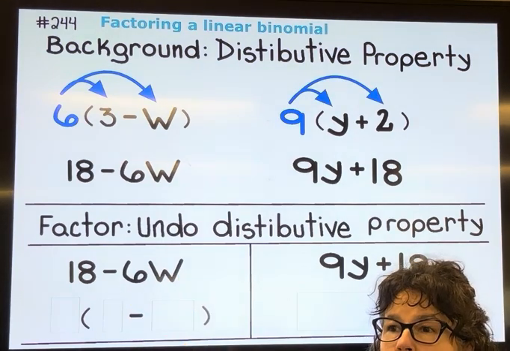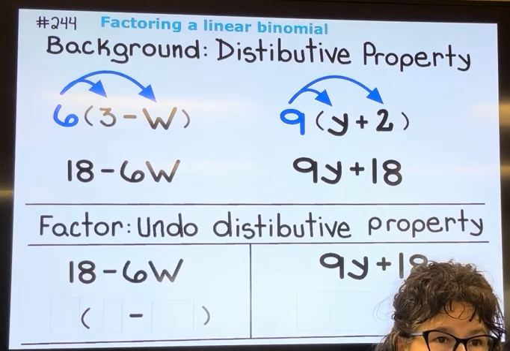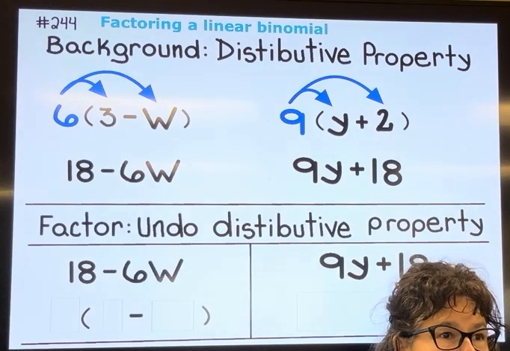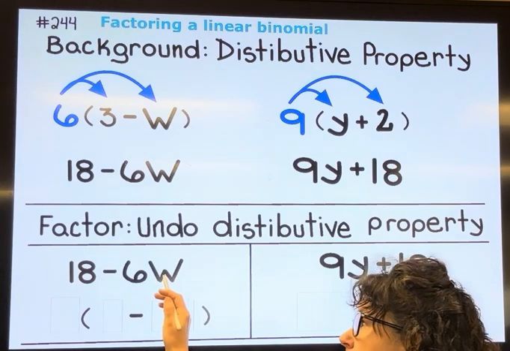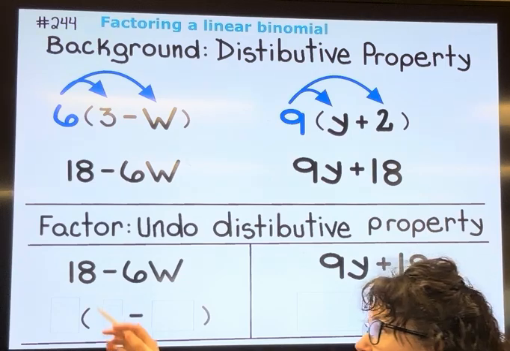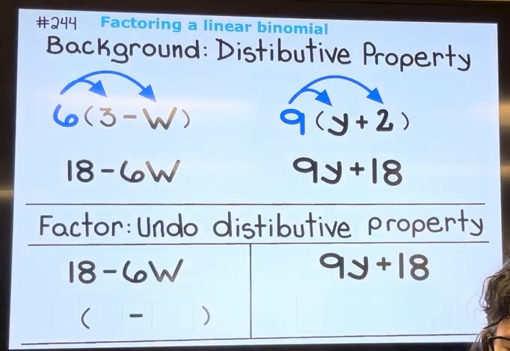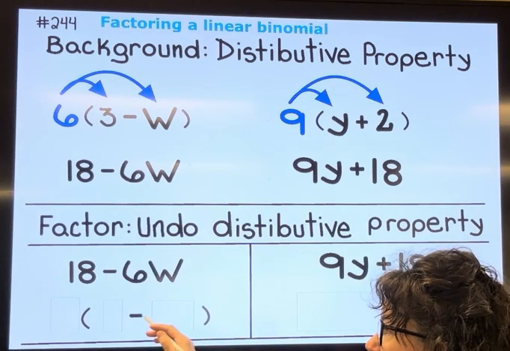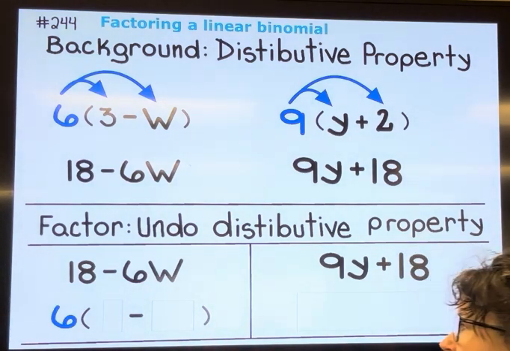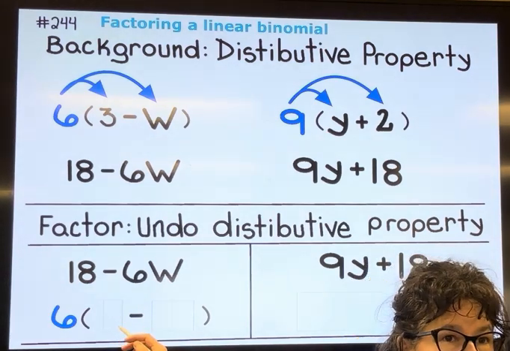So in other words, what's the biggest number that fits into 18 and 6? Well, 6 fits into 6 and 6 fits into 18. So there is a 6 in common to both of these. When it comes to variables, they don't both have w's, so there's not a w in common. So you put a set of parentheses with a minus, and then you write the 6 out front, and then you're thinking, what's left over?